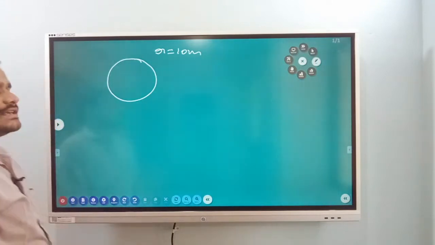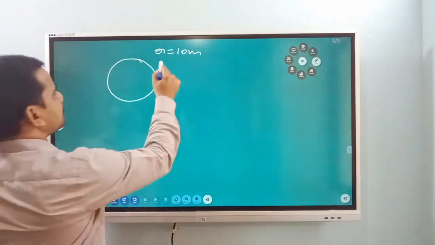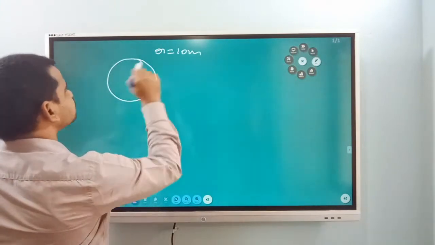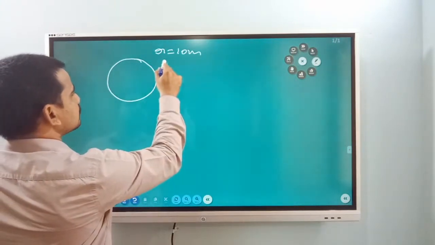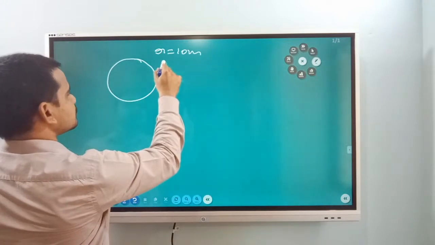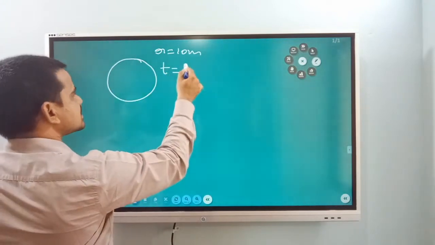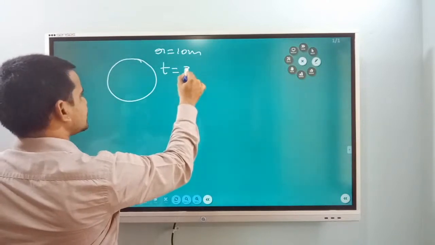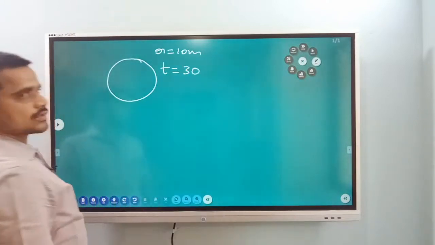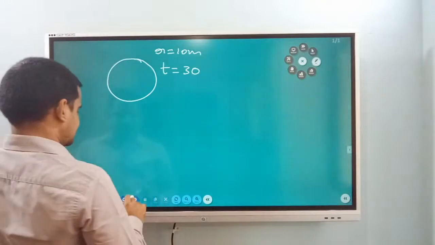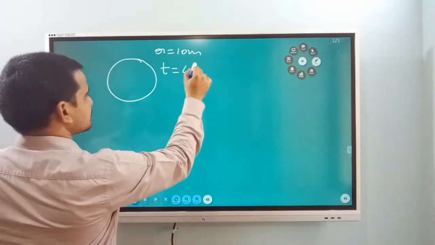Now the question is, for completing one revolution, the time taken is, let's consider 30 minutes. Or take it 40 minutes, I think so. 40 will be good here.